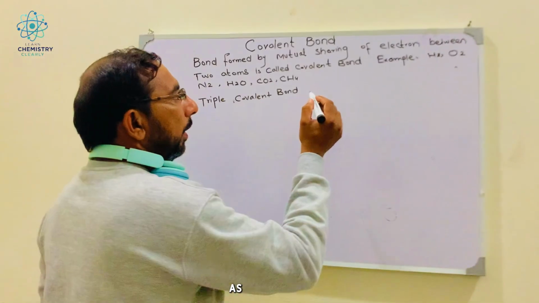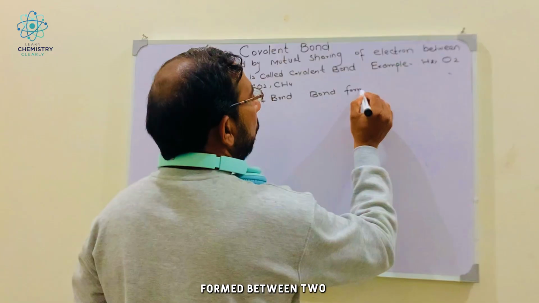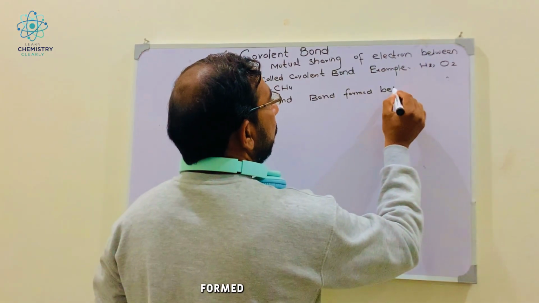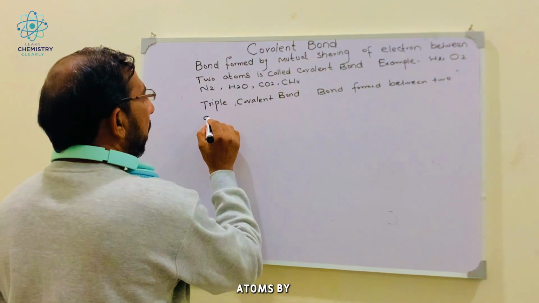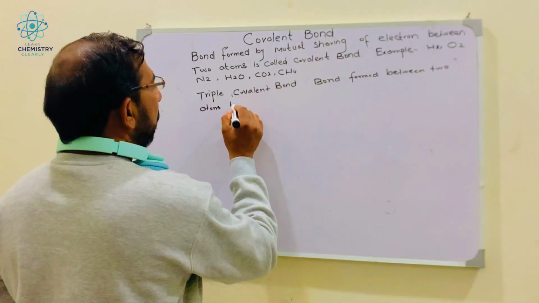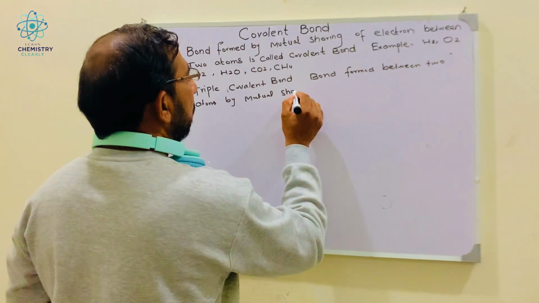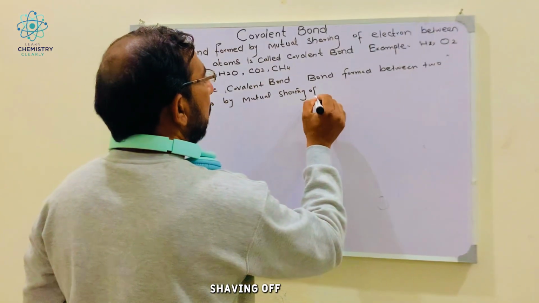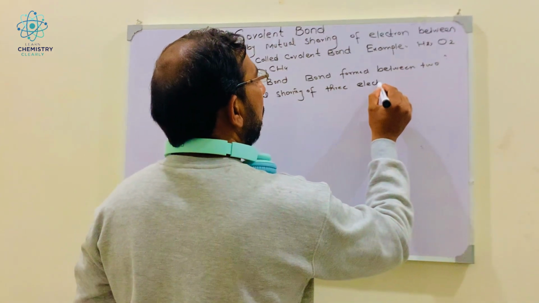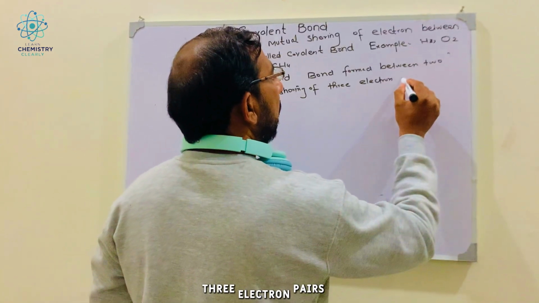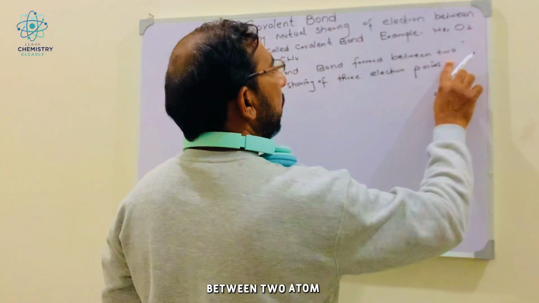We can define it as the bond formed between two atoms by mutual sharing of three electron pairs or bond pairs, three electron pairs between two atoms.